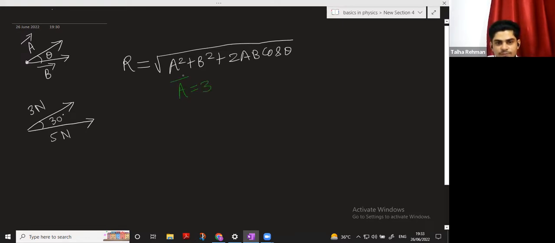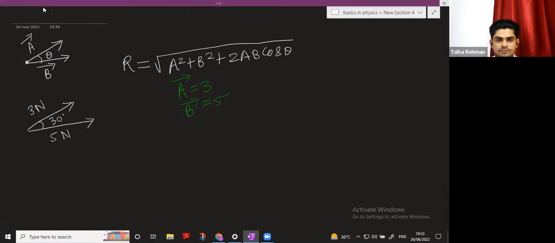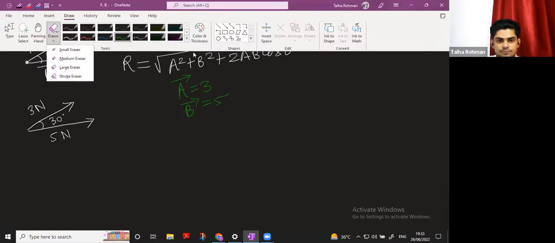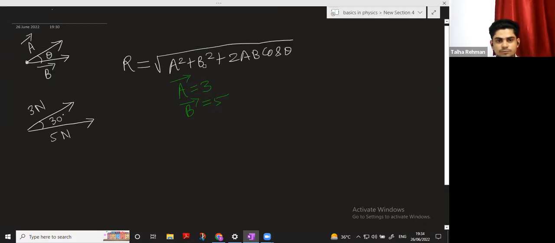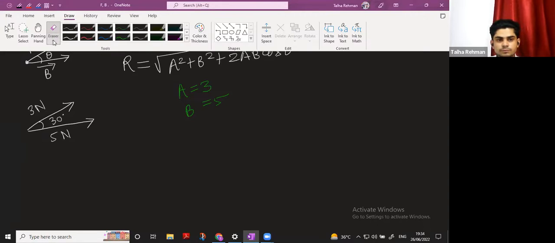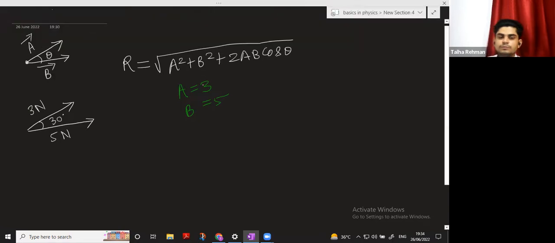A vector equal to 3. And B vector is 5. So A is 3, B is 5.